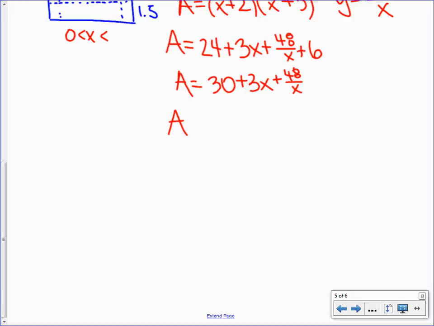Now what do we do with this? We take the derivative. Derivative of 30 is 0. Derivative of 3X is 3. Derivative of 48X to the negative first is negative 48X to the negative 2.